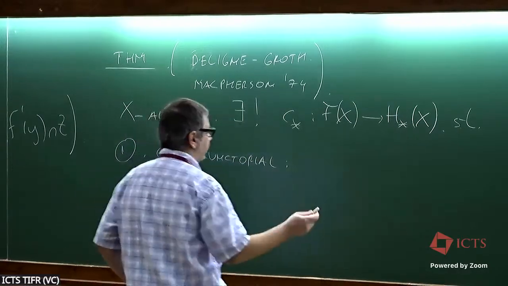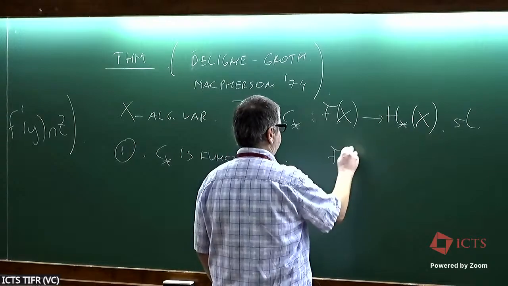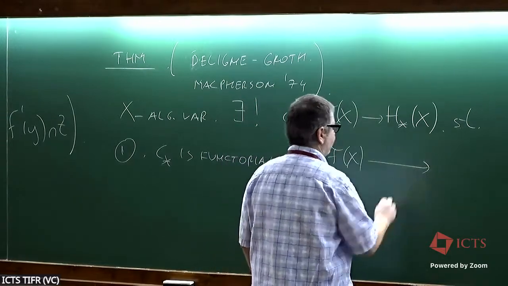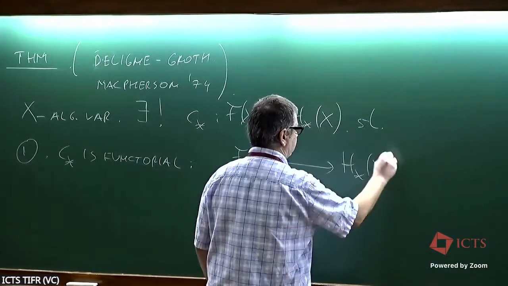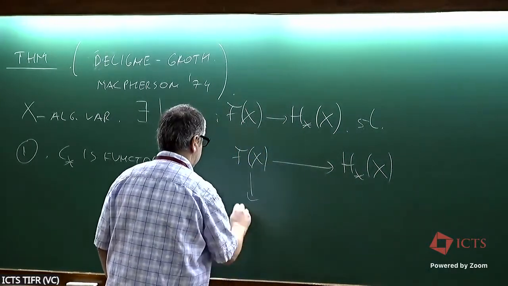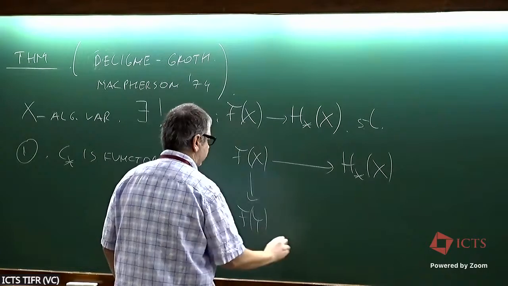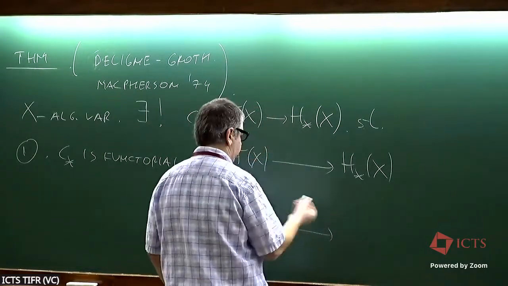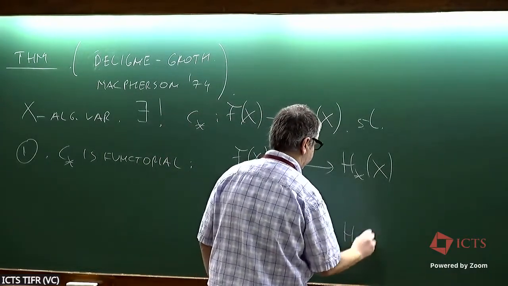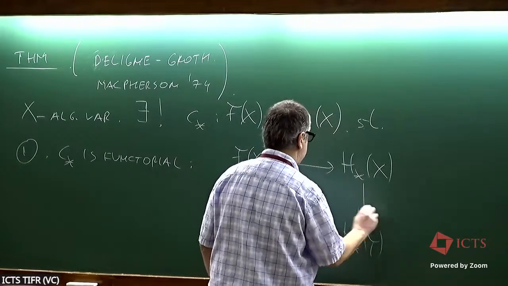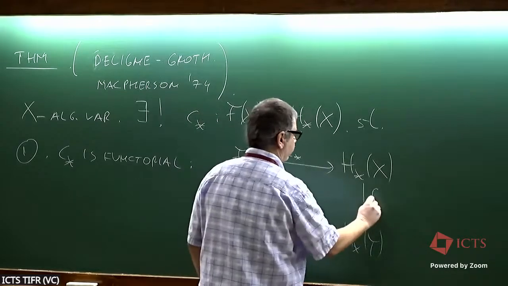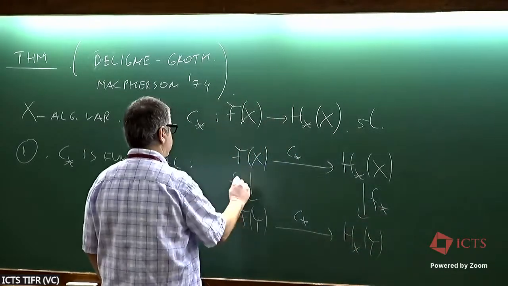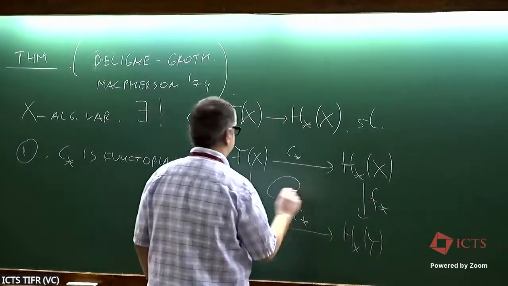Functoriality just means what you think it should mean: if you have a proper morphism between X and Y, then you have push forwards at the level of both constructible functions and homology. This is the transformation here, and here you have the push forwards in both situations, and you want this diagram to commute.